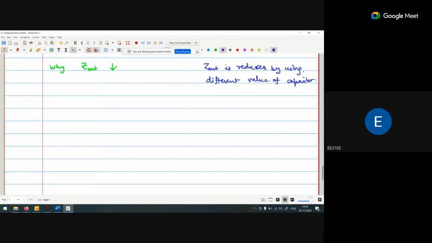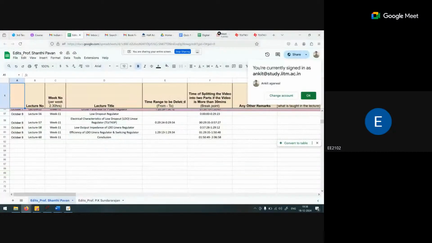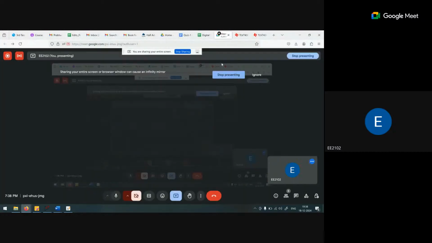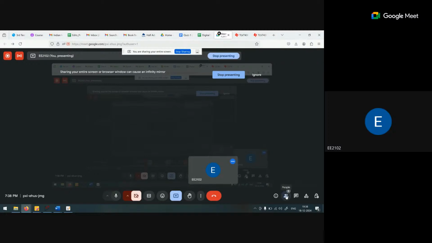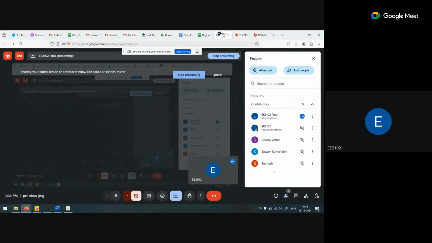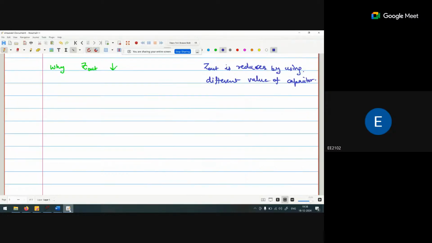Why do we focus on Z out being reduced? Any idea? Gaurav, Satyam, Subhash, any idea? Why do we focus on reducing the Z out value?